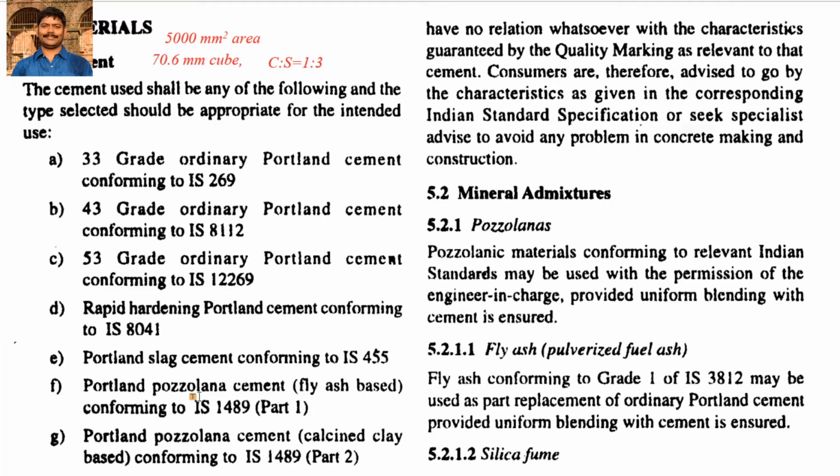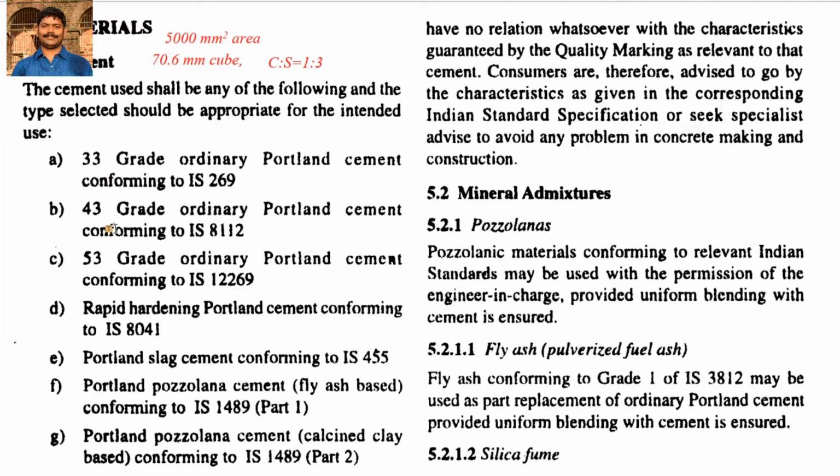Basically, for basic design purposes, we should consider 33, 43, 53 grade. 53 is basically high strength concrete, so for high strength concrete we will use it. For our basic RC design beginner course, 33 and 43 are enough. So how do we determine 33 grade or 43 grade?